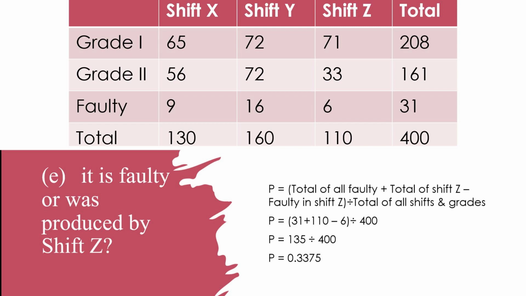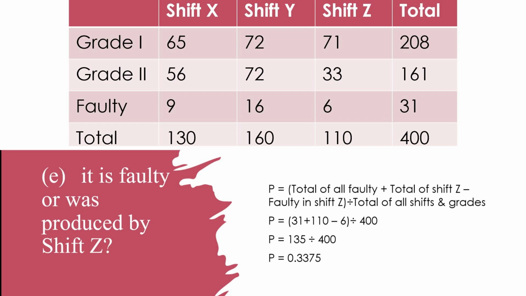So the total of all faulty is 31. We can refer back to the table. While the total of shift Z in all grades, that is grade 1, grade 2, and of course faulty, is 110. The faulty units of shift Z are only 6, so we need to deduct them because they have already been included in the number 110. So we arrive at a figure of 135.